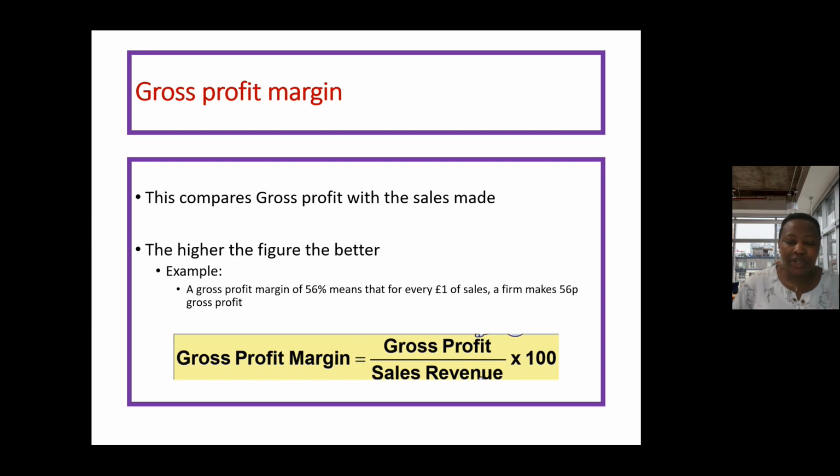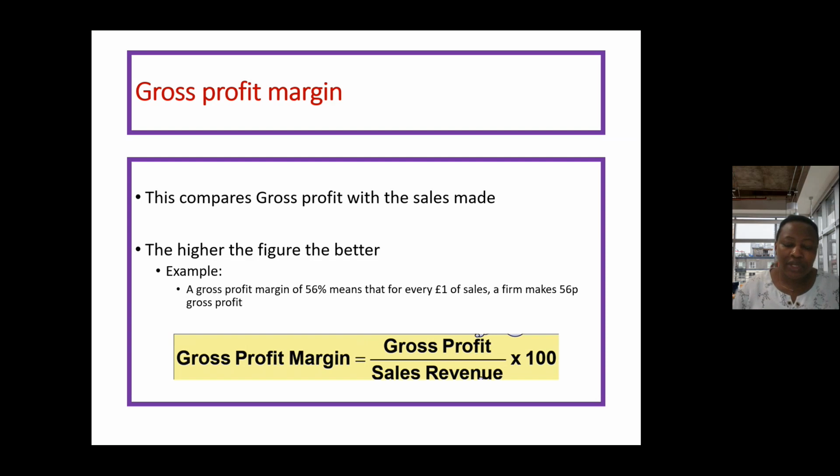So you're comparing what you have after you have taken away your cost of sales, which is your gross profit, to your revenue, your turnover, your sales value. The higher this is, the better, because every investor, for example, who is looking at the profitability of a business wants to have higher profits. So, the higher this figure, the better it is.